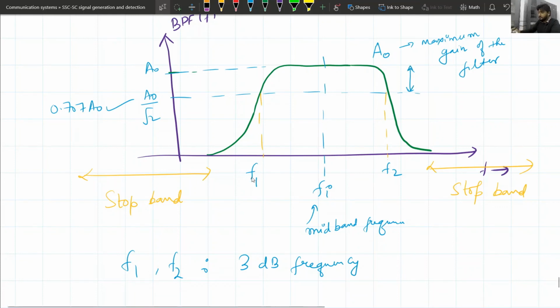Because in terms of decibels, when the maximum gain of the filter drops by a factor of 1 by root 2, that drop has a value around 3 decibels.